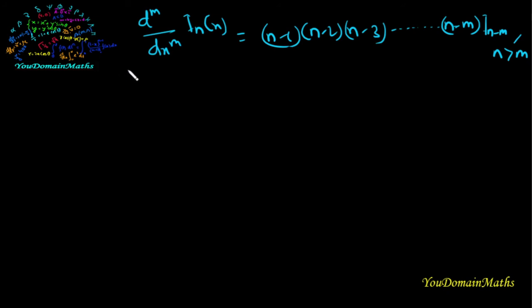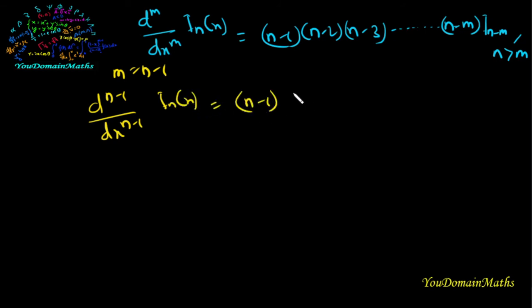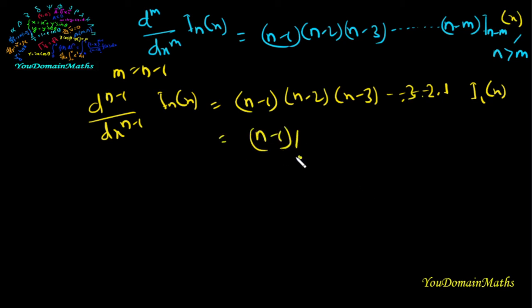Then d^{n-1}I_n(x)/dx^{n-1} equals (n minus 1)(n minus 2)(n minus 3) and so on, putting in here this is 1, the previous term is 2, then the previous term is 3, and I_1(x). This is a function of x. So this can be written in short form as the factorial of (n minus 1) times f(x).